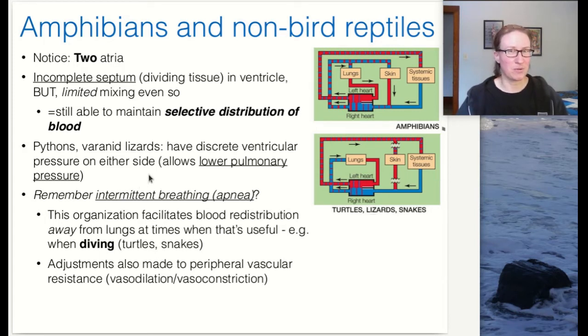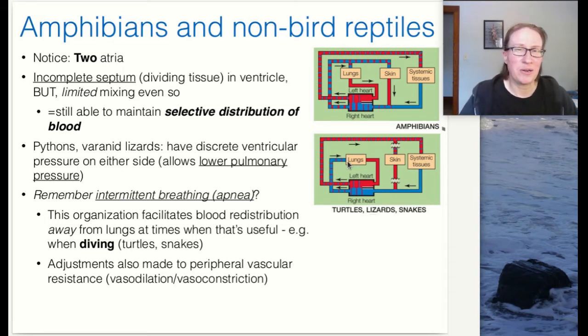So if we think back to what we talked about with mammals and birds, with the right side of the ventricle feeding the pulmonary system, right, we need to send lower pressure blood through the pulmonary system to avoid pulmonary edema. The same is going to be true for these reptilian groups, right? If they're sending blood to the lungs, there's a risk of edema if that blood is too pressurized. So the ventricle will not squeeze evenly across the two sides of the heart, and that will help to facilitate lower pulmonary pressure in those guys.